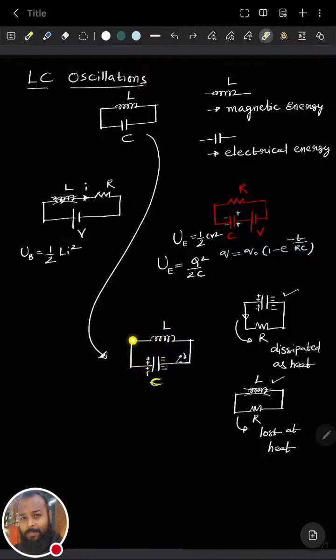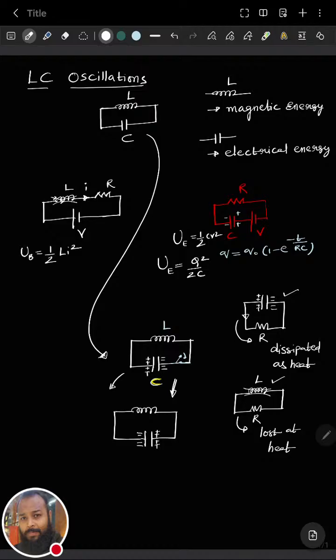When it is discharging, there is a current and there is magnetic energy, but this positive charge entirely comes here and gets stored on the negative side. So again the situation turns out like this. You have an inductor and a capacitor, and finally this situation is going to become like this. So this is plus plus and this is minus minus.